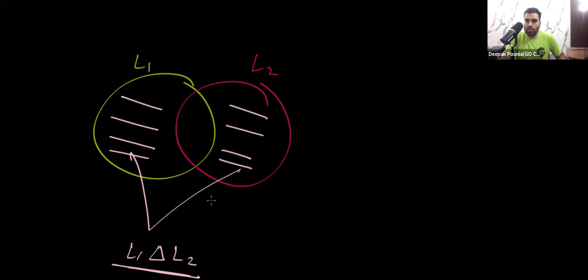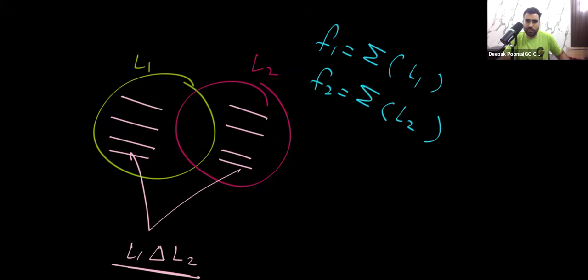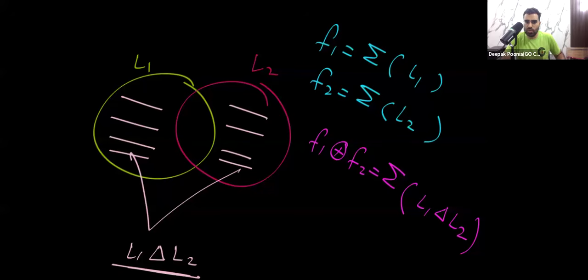Okay, yes or no? So overall, this is the whole point: if F1 is given to you as a sum of minterms with minterm list L1, and F2 is given as a sum of minterms with minterm list L2, then what will be the minterm list for F1 XOR F2? That will be the symmetric difference of L1 and L2. I hope you understood this point. And the logic also we have seen. Very simple.